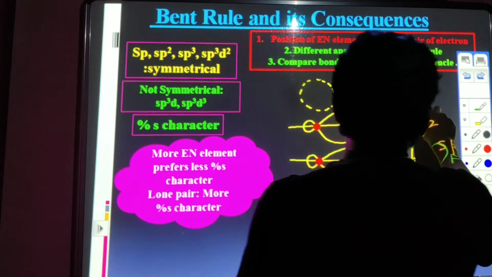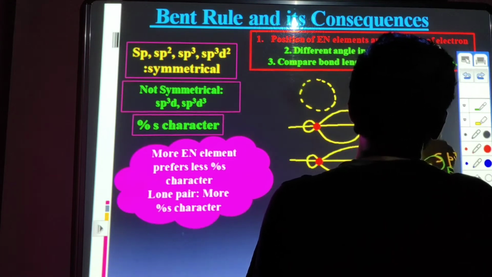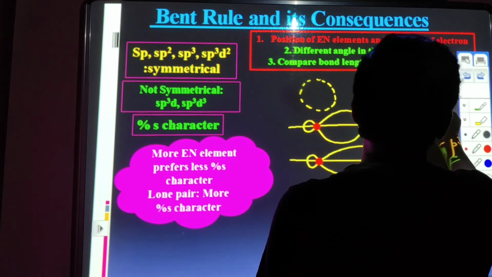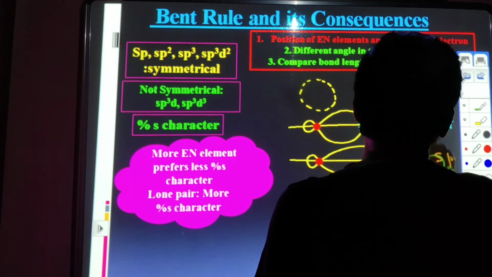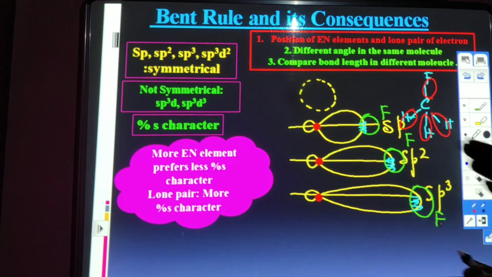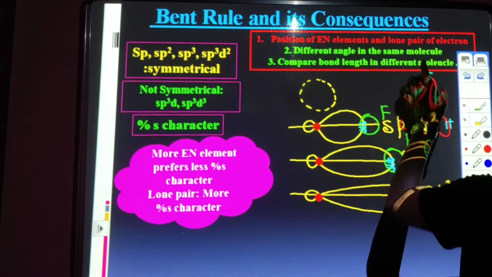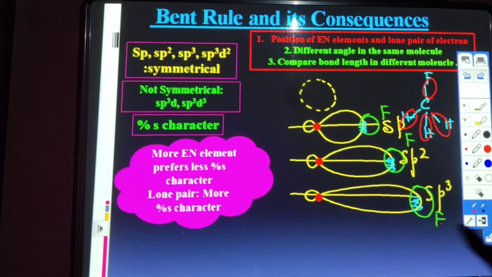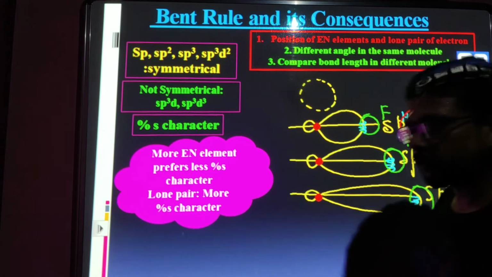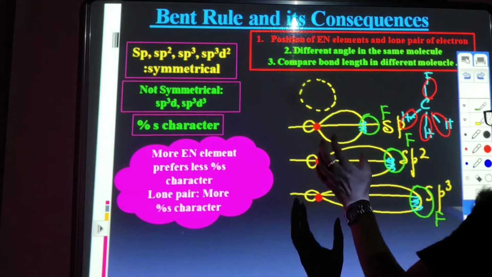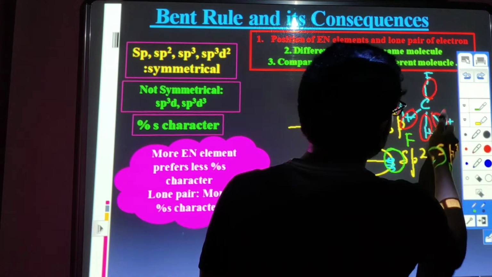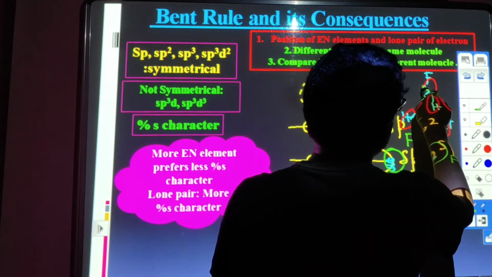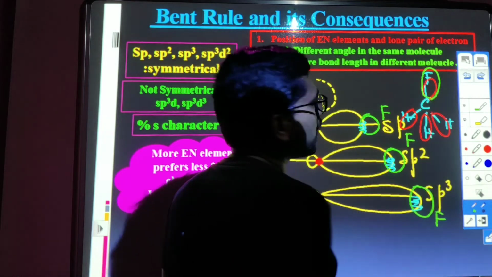Say this is C, H, H, H, and this is F. Before Bent's rule, you have an idea that it is 25, 25, 25, 25. No, what I told is that fluorine will adjust. Fluorine will decrease the percentage of s character here, meaning the orbital will get thinner.